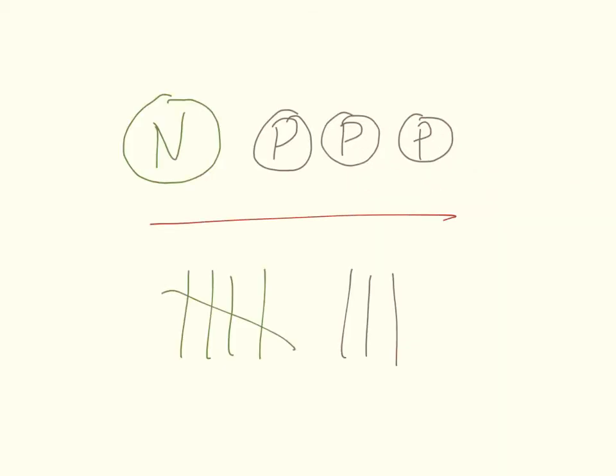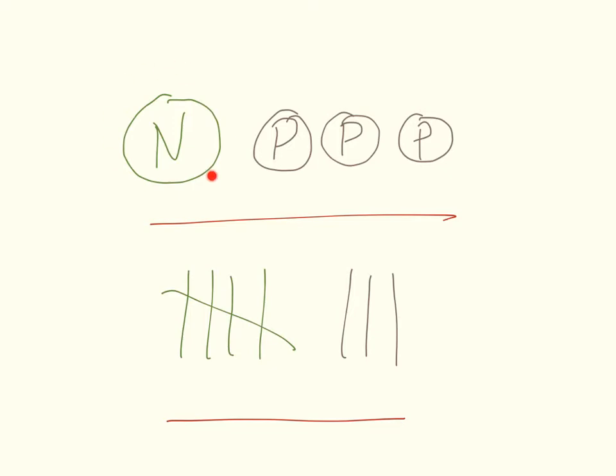We can count nickels and pennies in the same way we count tally marks. Just like when I see a 5 group for my tallies, I start counting with 5 and count on. For example, I would go 5, 6, 7, 8.